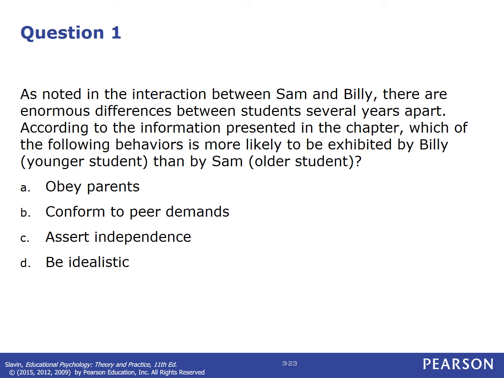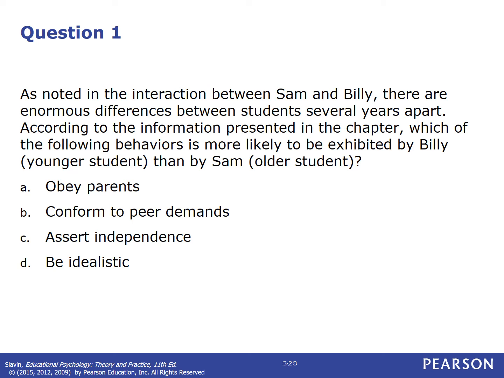Question 1. As noted in the interaction between Sam and Billy, there are enormous differences between students several years apart. According to the information presented in the chapter, which of the following behaviors is more likely to be exhibited by Billy, the younger student, than by Sam, the older student?